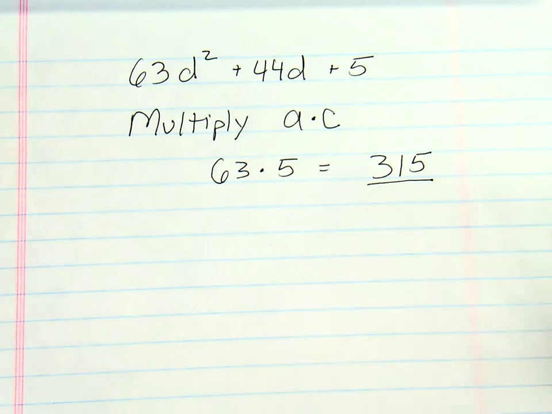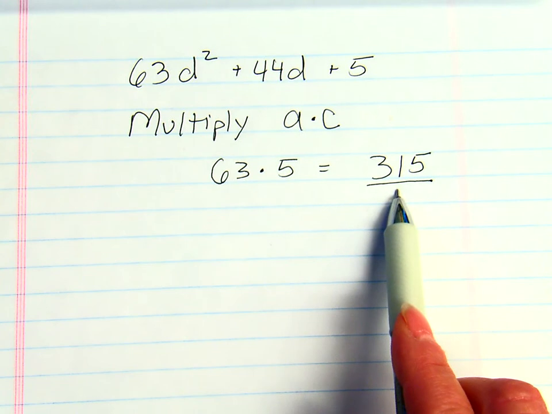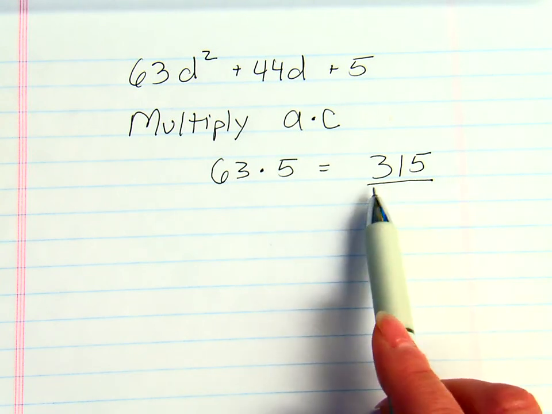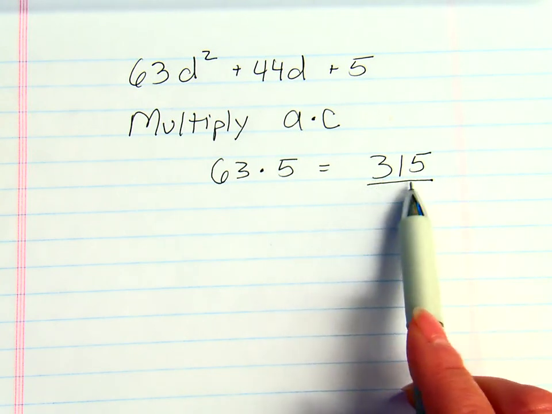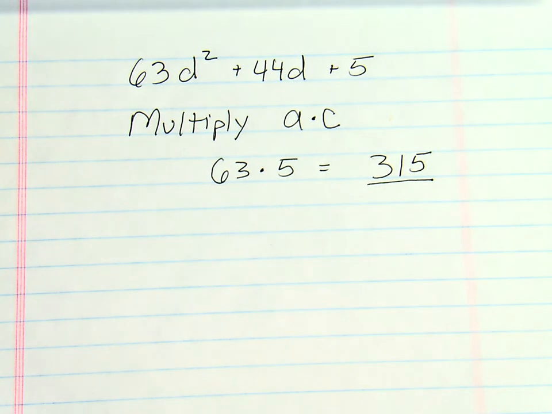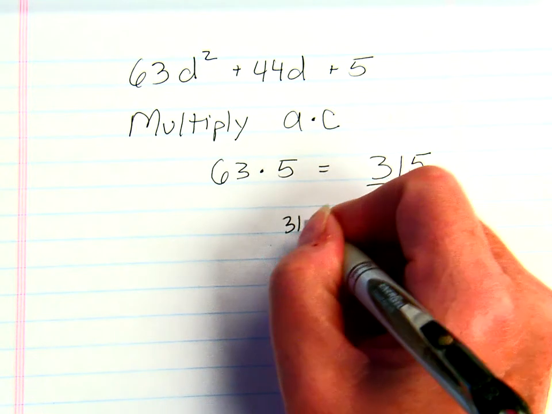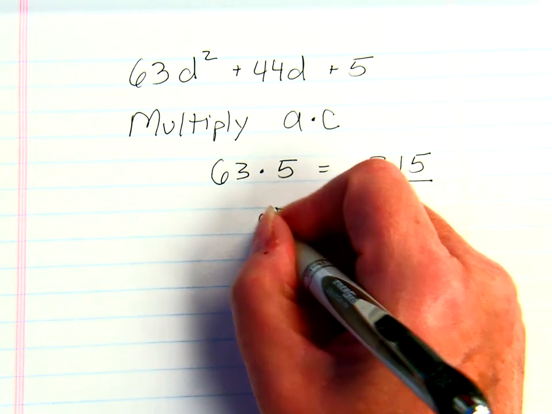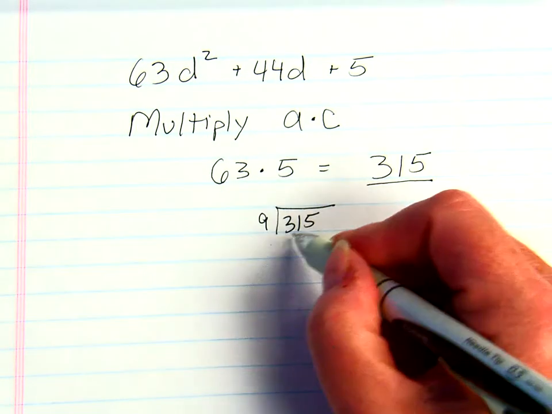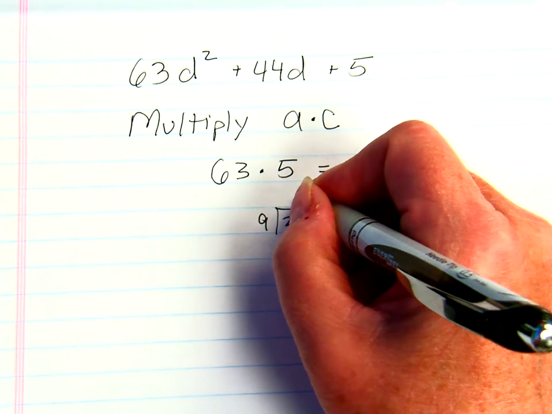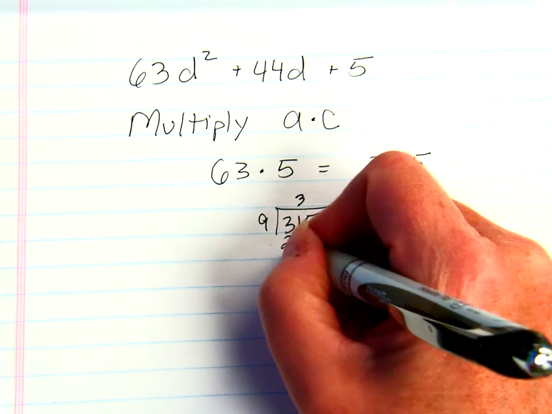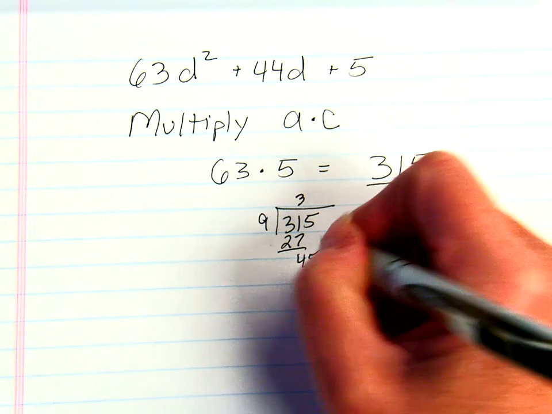But 5 plus 1 is 6, plus 3 is 9. So this number is divisible by both 3 and 9. Now, if you put 3 into it, you get 105, which isn't going to help us at all. So let's look at it for 9. If we divide this by 9, 9 goes in 3 times, 27.